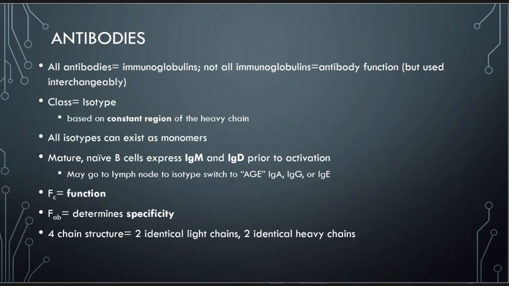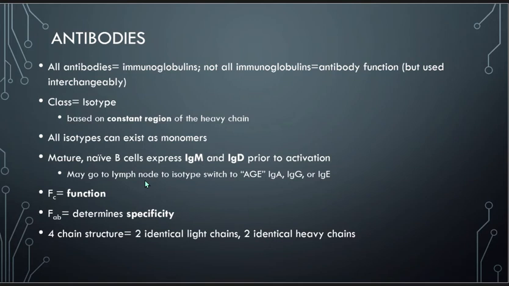And each plasma cell has the potential to produce different classes of antibodies, but they can also undergo something called a class switch, which we'll see in just a second. But typically, mature naive B cells express IgM first, and IgD.